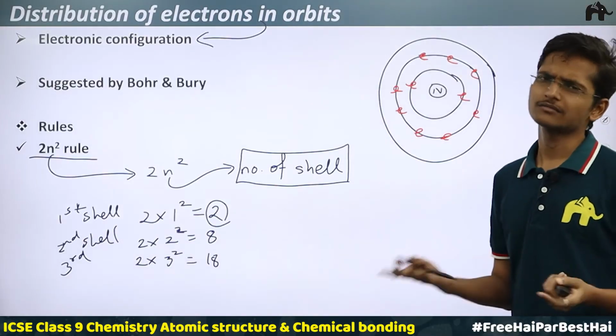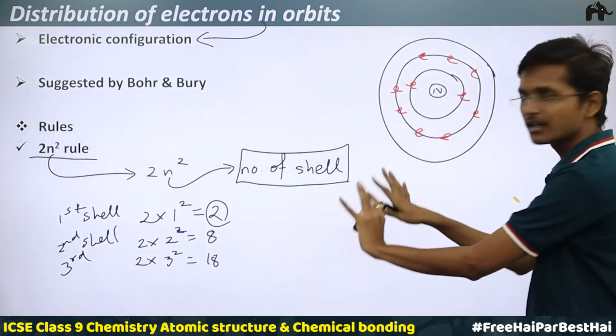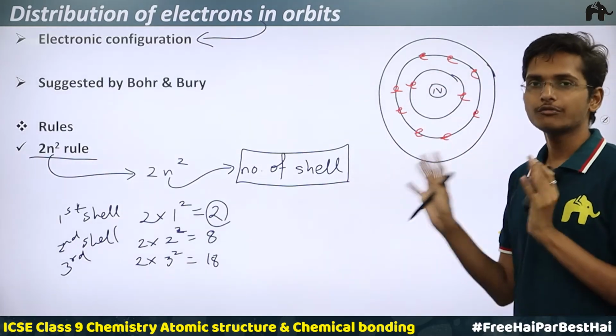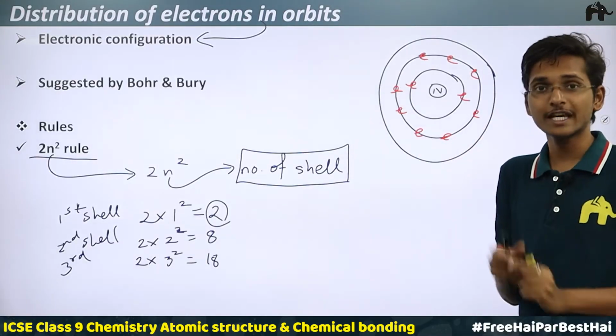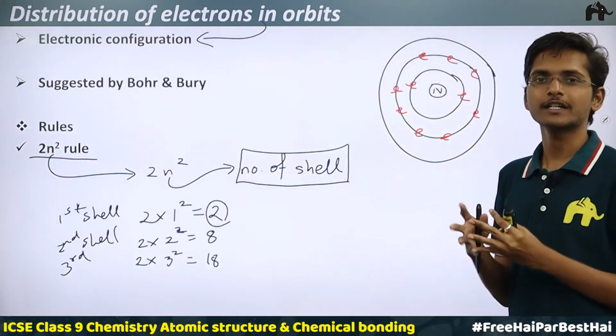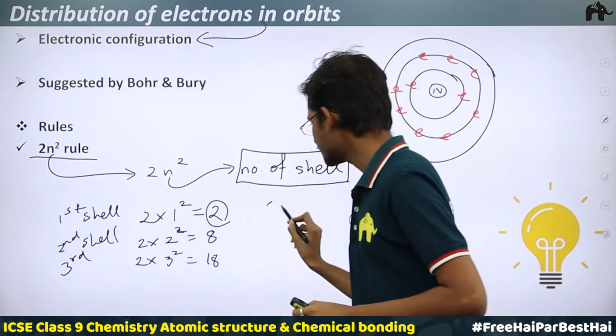You can write it if you want to, but the main thing I wanted to explain is how we can know in which shell how many maximum electrons we can accommodate or distribute to it.